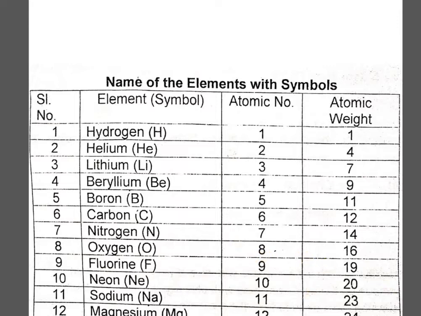So how can we get to know the atomic weight of any element? Students, as I just told you, any atom is constituted of 3 subatomic particles which are called electrons, protons and neutrons. There is just one exception, and that is hydrogen.